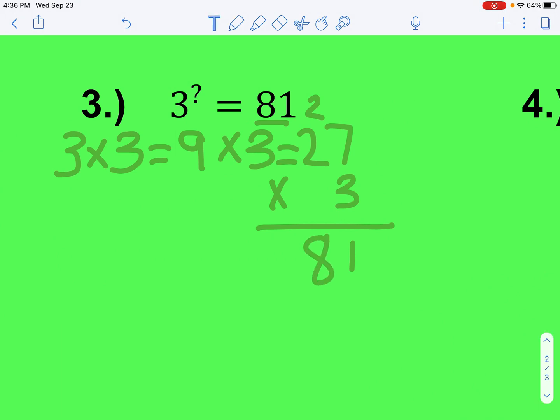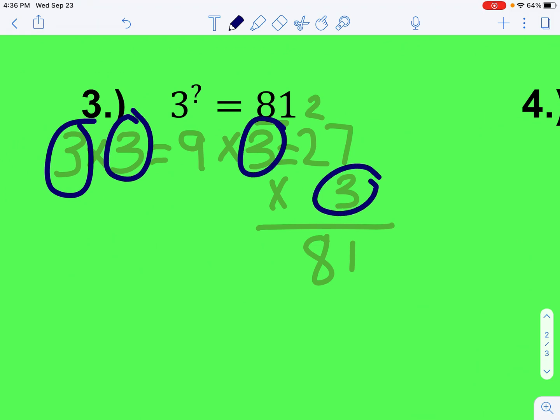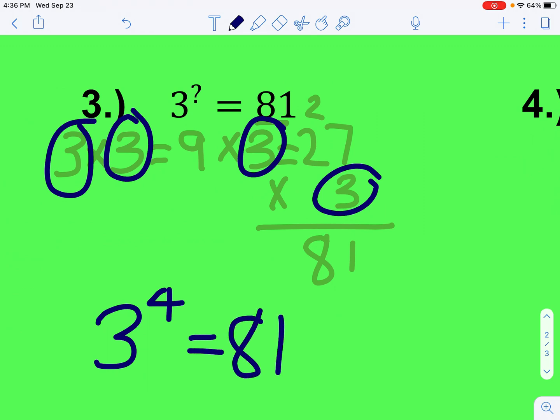That's 81. So we need to count how many times I multiplied by 3. 1, 2, 3, 4. So 3 to the 4th power is equal to 81.